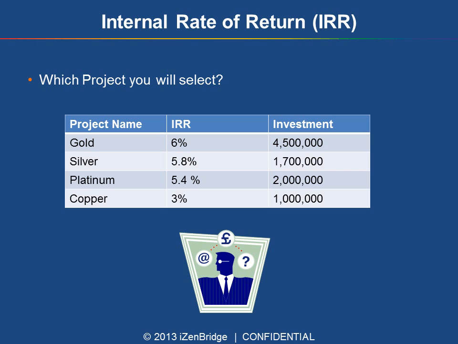We can use internal rate of return for selecting projects on the basis of higher IRR. So in this example, the first project is returning a higher internal rate of return. Now you may look at the second column and think that yes, the gold project is returning the highest, but it also needs a higher investment.